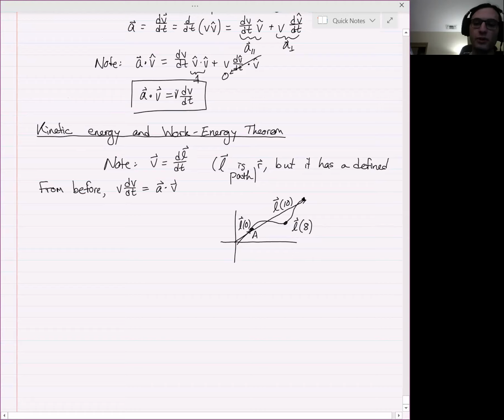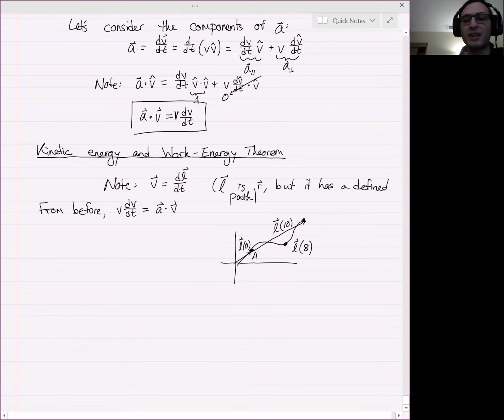Remember that a dot v hat is dv/dt, but I want to know what a dot the v vector is, and so I need to multiply by the magnitude of v, because v is just v times v hat. That's all. So I'm just multiplying this equation through by the magnitude of v. Right, so we have v dv/dt equals a dot v.